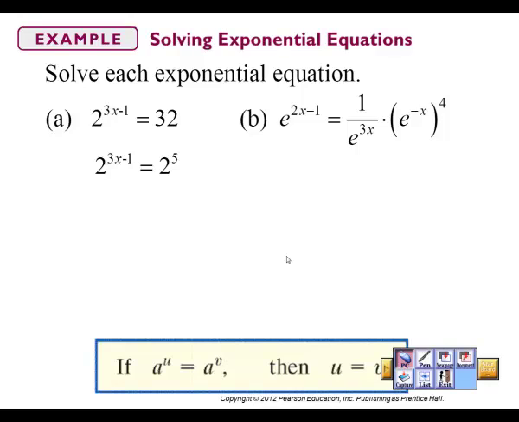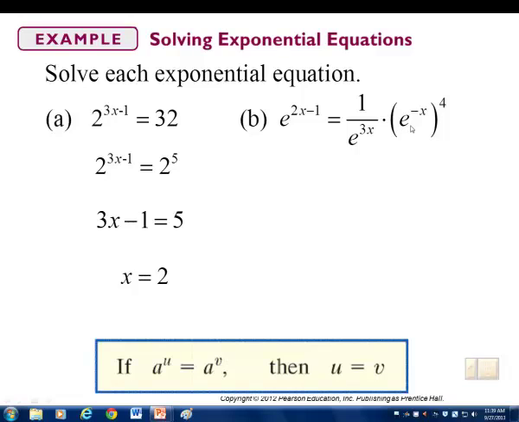So since the two bases are the same, we can set the 3x minus 1 equal to 5, and then we set the exponents equal to each other, and we can do away with the bases, and now just solve for the exponents. And so we add 1, and that gives us 6, divide by 3, and that gives us 2.